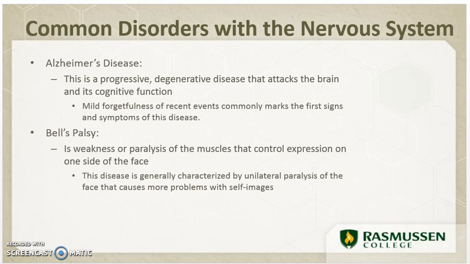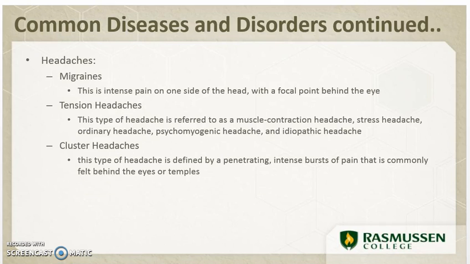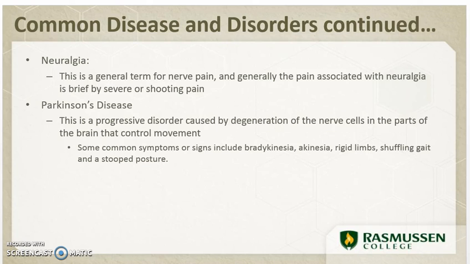Patients can also have Bell's palsy, which is a weakness or paralysis of the muscles that control expression on one side of your face. They can have different types of headaches: migraines, tension headaches, cluster headaches. All of those are types of headaches that people can have. They might also have neuralgia or Parkinson's.